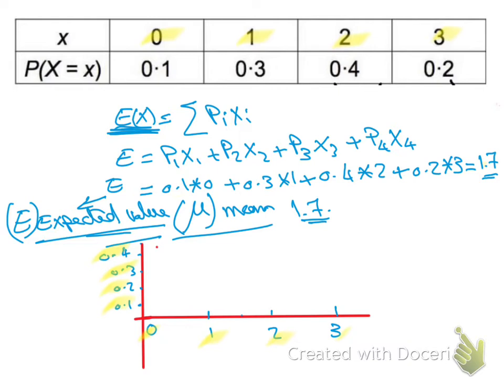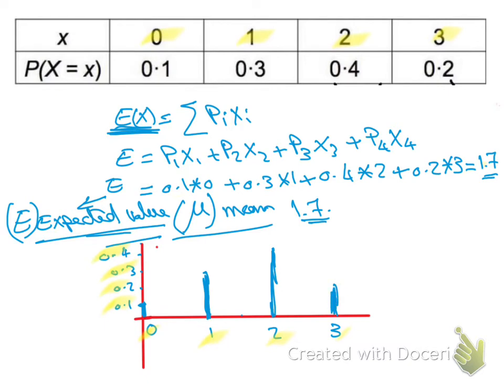So 0 will take up to 0.1 only, 1 will take up to 0.3, 2 will take up to 0.4, and 3 will take up to 0.2.